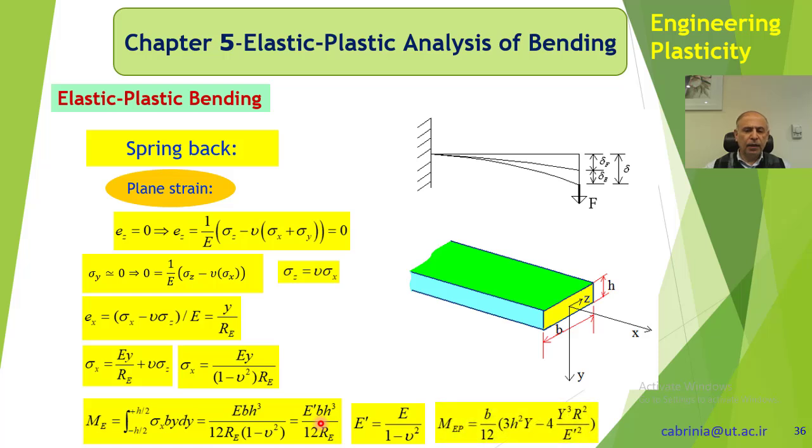And again, we remember that we had this ME plastic, the boundary of elastic plastic. We had this formulation. Now we put here E prime instead of E divided by 1 minus mu squared, so that we get this relationship.